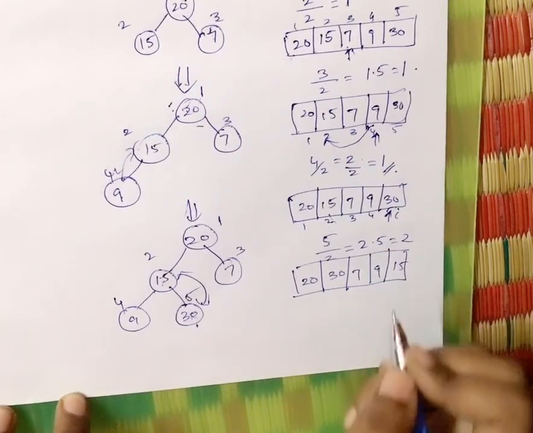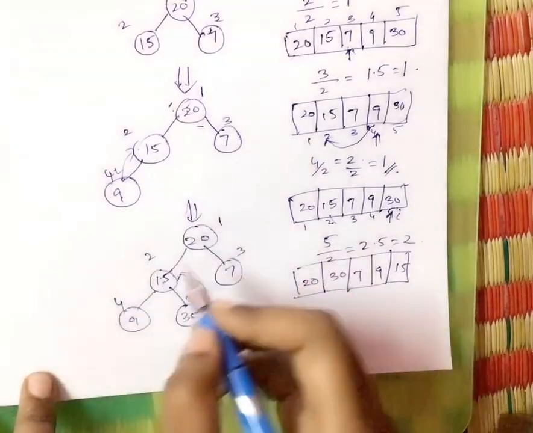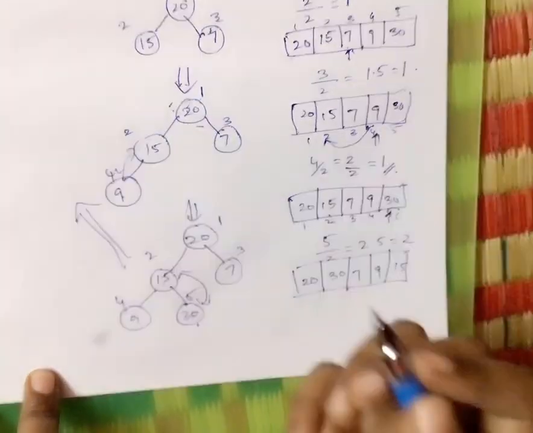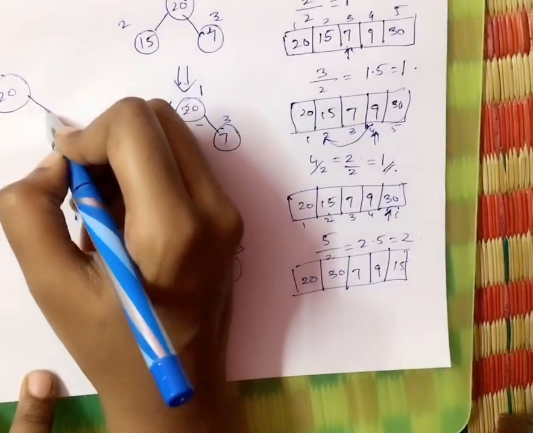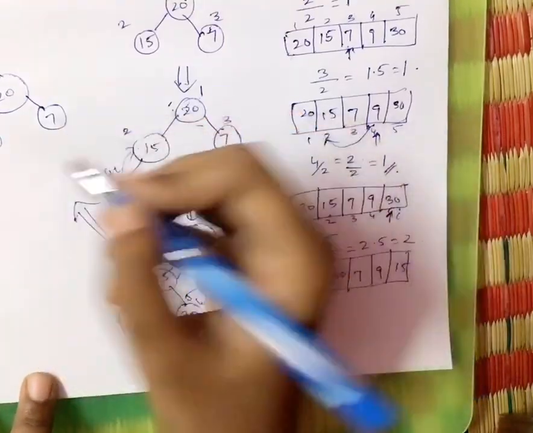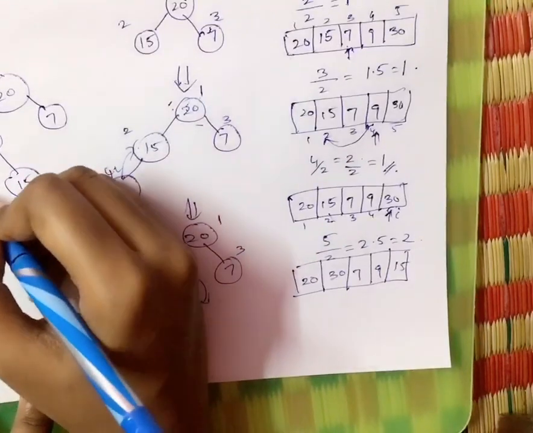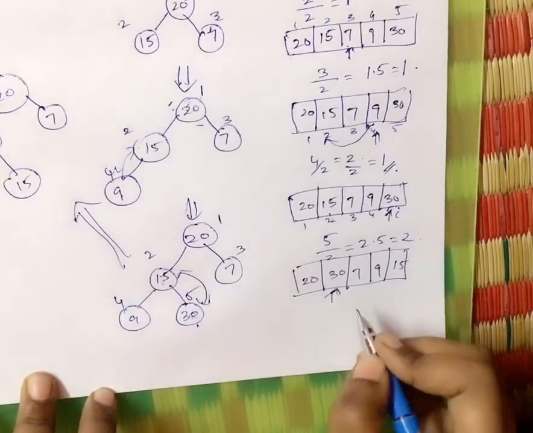This will be the order. After swapping, I will write this here: 20, 7, 30 will go here, 15 will come here and 9 will be here.